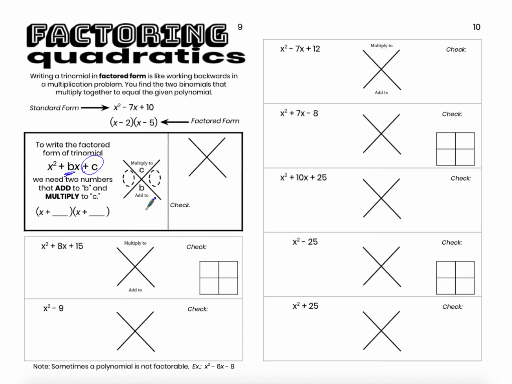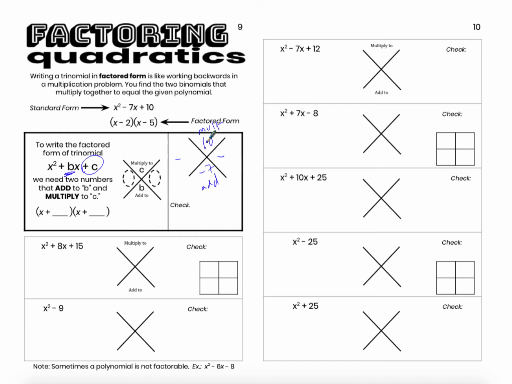So I can use my diamond. I can, for this case, look for the two numbers that multiply to 10 but add to negative 7. What are the two numbers that multiply to 10 but add to negative 7? I know they both have to be negative so that we have a multiplication to a positive but an addition to a negative.